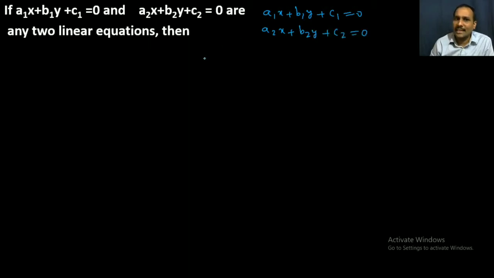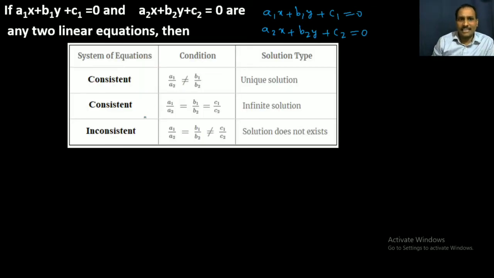So the first condition is the equation should be in the standard form. Then these are the conditions. If a1 by a2 is not equal to b1 by b2, then the system is consistent and it has a unique solution, where a1, a2, b1, b2 are the coefficients of x and y.